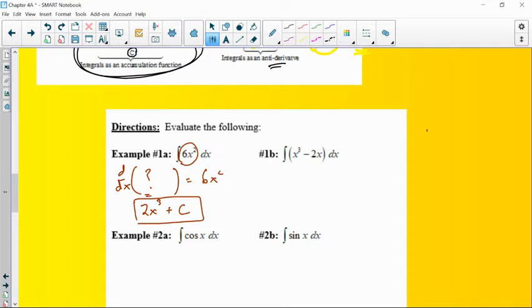Okay. Same thing here. Even if there's two pieces to that function, look at them separately and think, okay, the derivative of something was equal to x cubed minus 2x. What would you have to have started with? Again, this is an antiderivative. So go backwards.